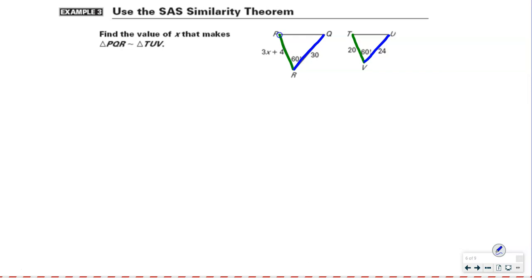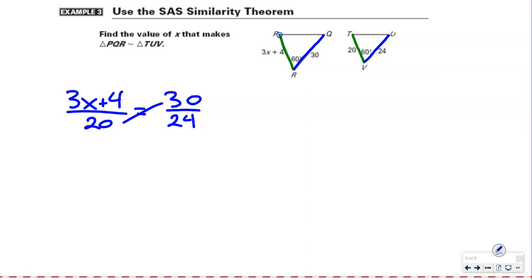So we just need to set up our proportions and cross multiply. So if I set up 3x plus 4 over 20, that'll be equal to 30 over 24. So we can cross multiply there. 24 times 3x plus 4, and 20 times 30.